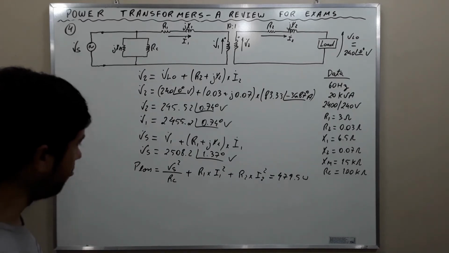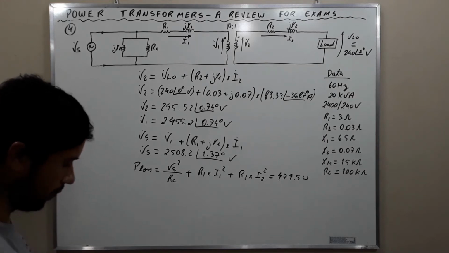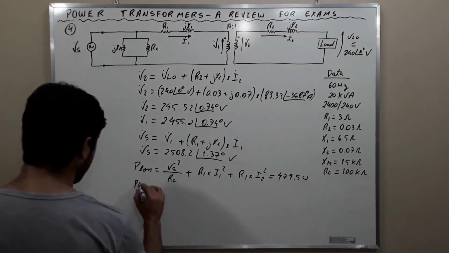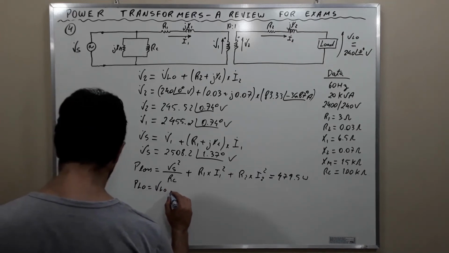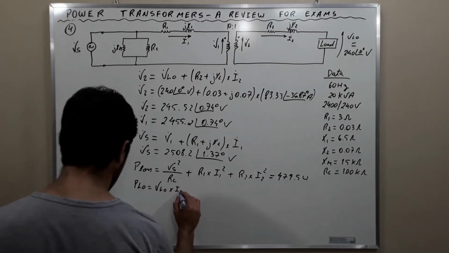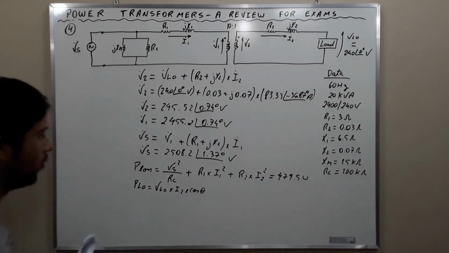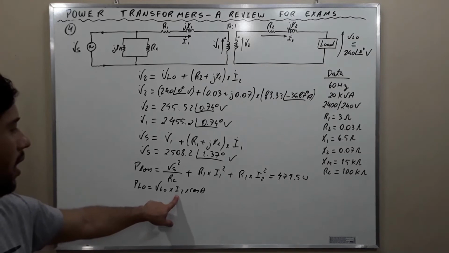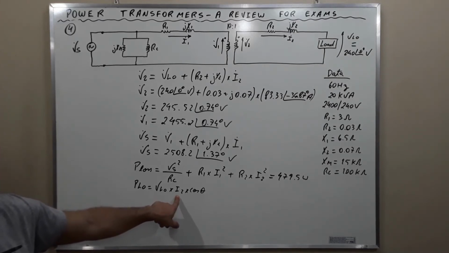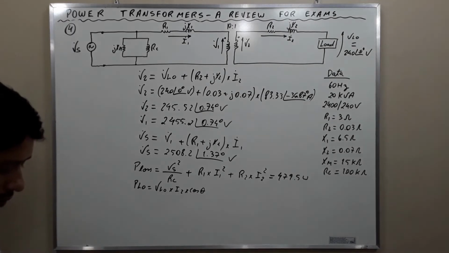Okay, now we can calculate the power delivered to the load. The power delivered to the load is equal to V load times I2 times the cosine of the angle. V load is our reference, 240 phase 0 degrees volts. I2 we calculated; we're going to use only the magnitude of the current and the cosine of the angle.